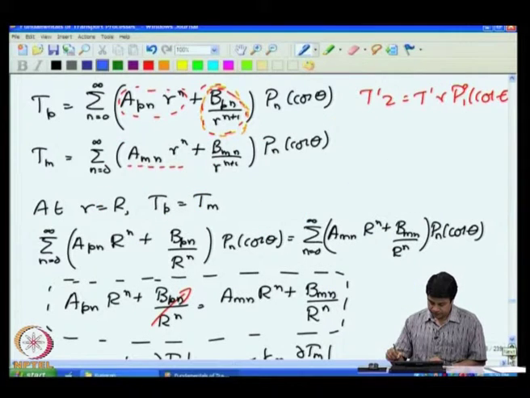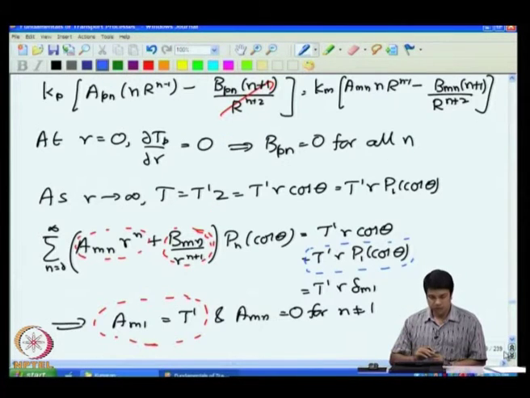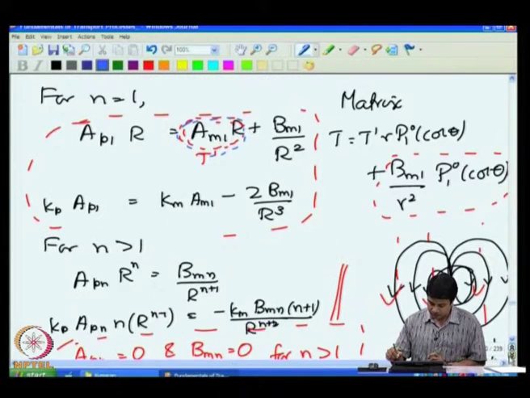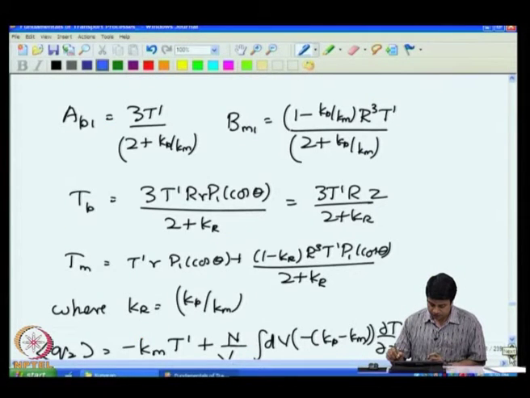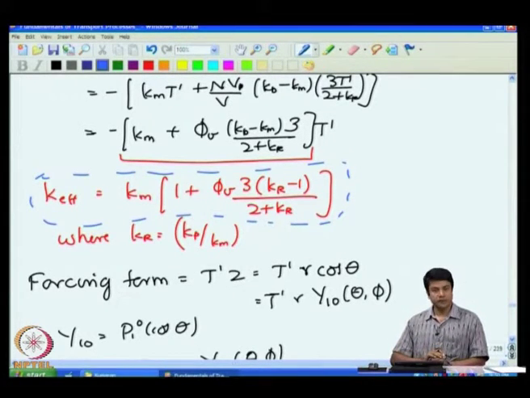And since the temperature field far away had the symmetry of 1 0, that is, it was proportional to P 1 0 of cos theta, which is the same as Y 1 0, therefore, the actual temperature everywhere also has exactly that same symmetry. And because of that, we were able to solve the problem and get the effective conductivity of the composite in the dilute limit, where the temperature field around one particle does not affect the temperature around another particle.